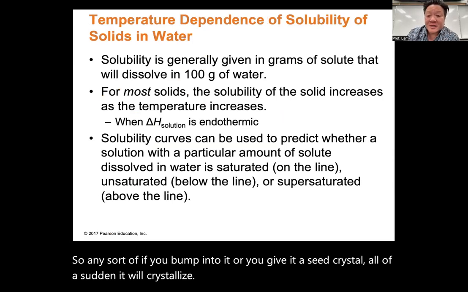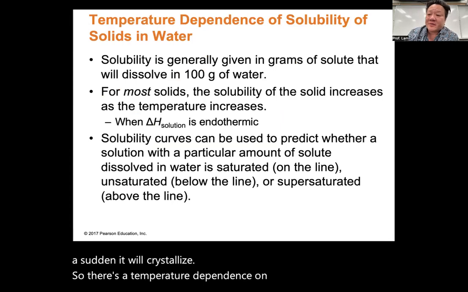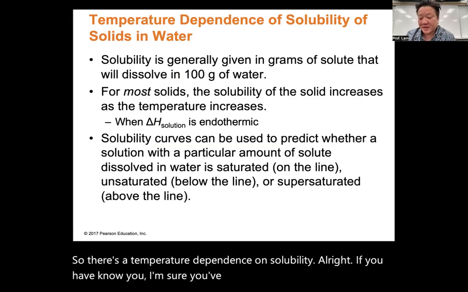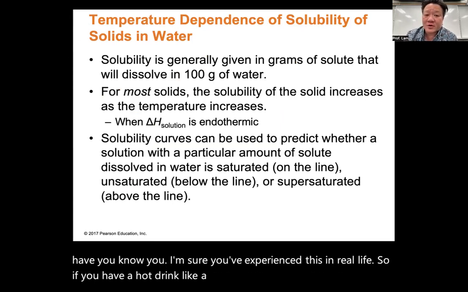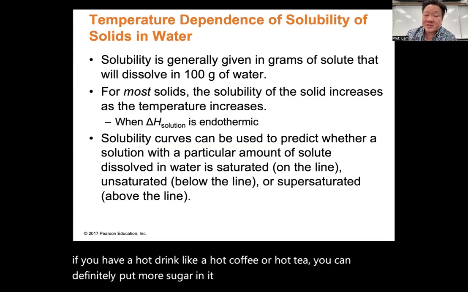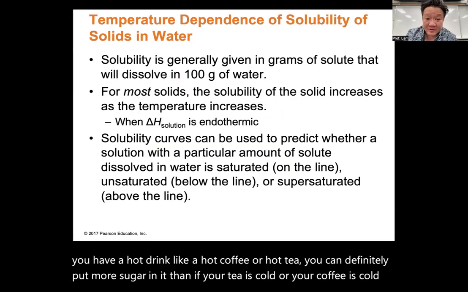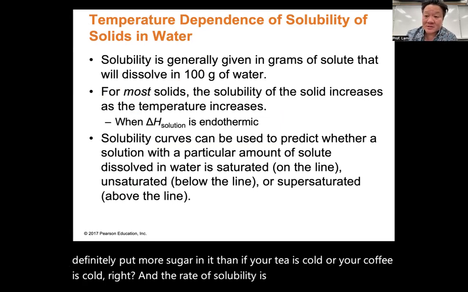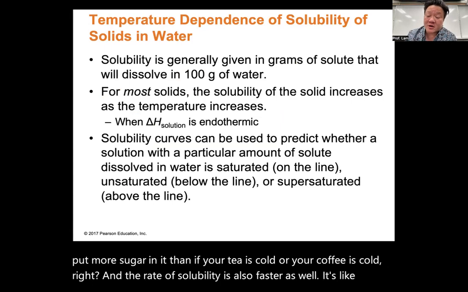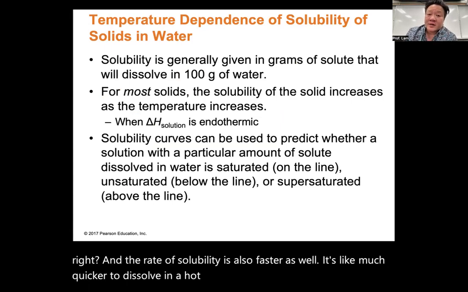So there's a temperature dependence on solubility, and I'm sure you've experienced this in real life. Say you have a hot drink, like a hot coffee or hot tea, you can definitely put more sugar in it than if your tea or coffee is cold. And the rate of solubility is also faster, it's much quicker to dissolve in a hot liquid than cold.